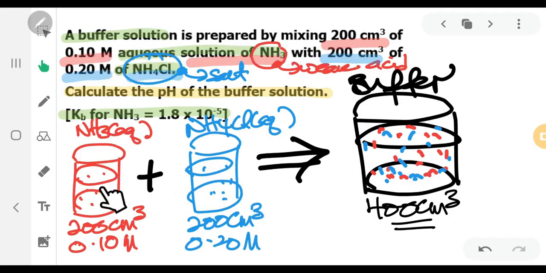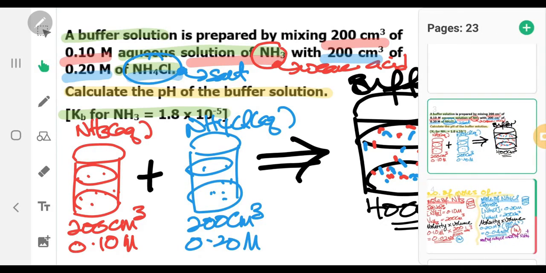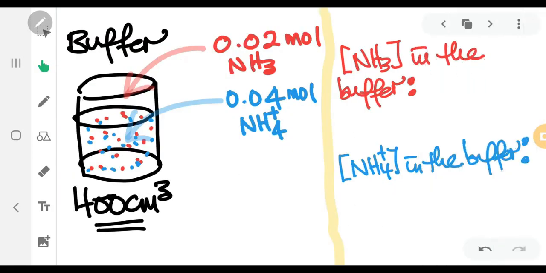When you mix 2 solutions together to form the buffer, we have a new volume, which is 400 centimeter cubic. We have found the number of moles of ammonia, the weak base, and the number of moles of NH4+, the conjugate acid inside your buffer. Now we're going to find the concentration of the weak base in the buffer and the concentration of the conjugate acid in the buffer.